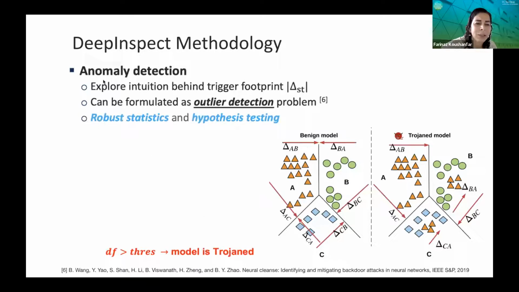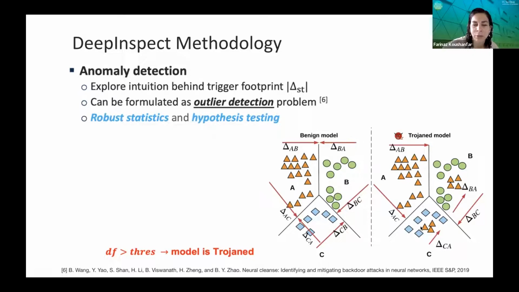In anomaly detection, we find the intuition behind this trigger footprint that we mentioned earlier. You can formulate this as an outlier detection problem with a threshold, robust statistics and hypothesis testing. If the value for this trigger footprint is higher than a threshold, then you classify it as an outlier.